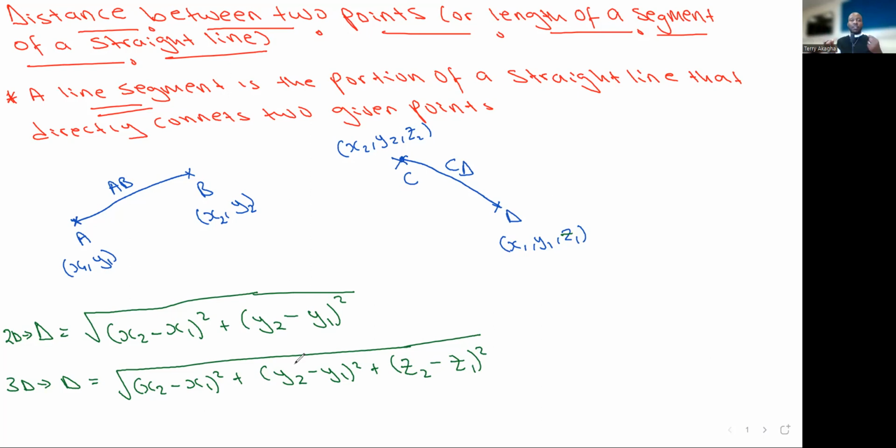The difference of the x, you square it, plus the difference of the y, you square it, and you find the square root. That will give you the distance in 2-dimension. In 3-dimension, it's exactly the same thing, just that you're adding the difference of the z component, squared. Is that okay? So we're going to pick an example now so that we can practicalize what we just learned.